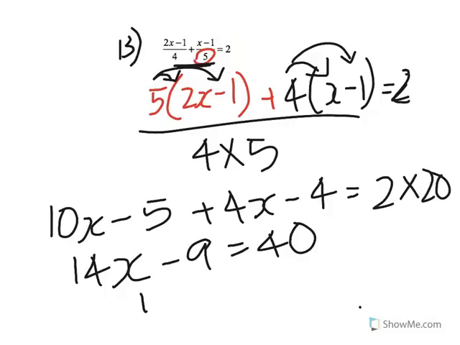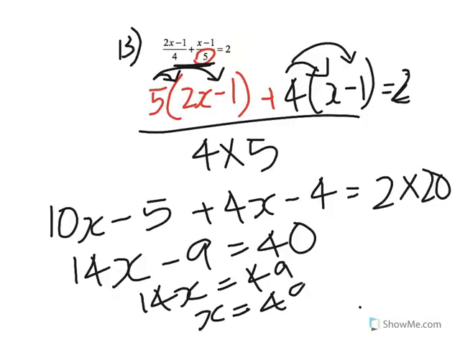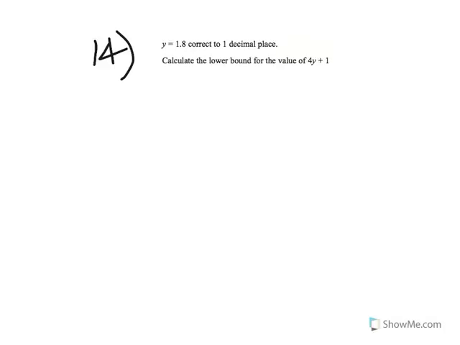Now if you add 9 to both sides, you get 14x is equal to 49. You divide both sides by 14, you're going to get x is equal to 49 over 14, which is equal to 3.5.